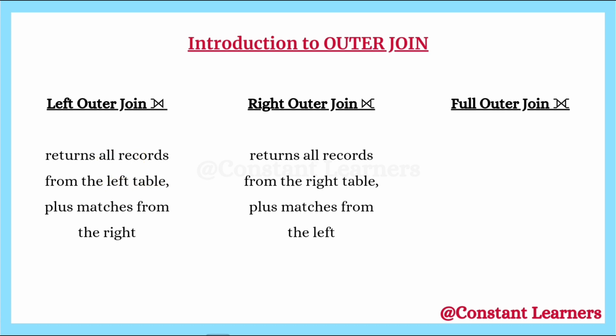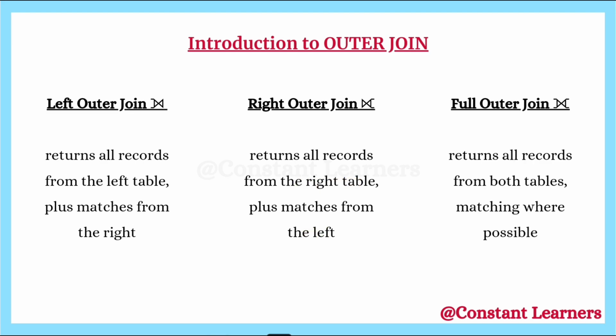Then right outer join returns all records from the right table plus whatever matches from the left table. And full outer join returns all records from both the tables, matching wherever possible. And wherever it does not match, that record is also available in the table, but how it works out, that we will see with the help of an example.